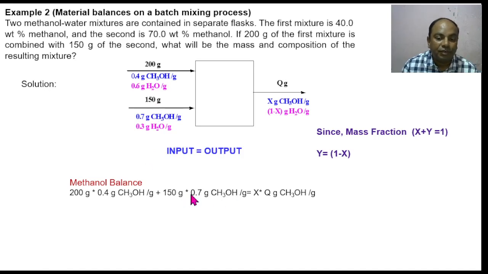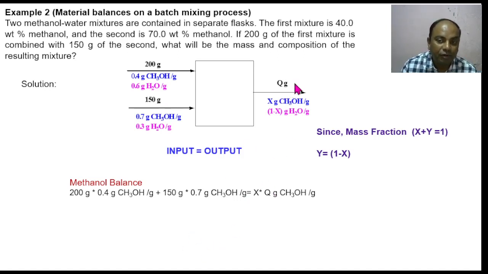So this is our left hand side: 200 gram of mixture multiplied by its mass fraction 0.4 gives the amount of methanol present in the 200 gram, plus 150 gram of mixture multiplied by 0.7, the mass fraction of methanol in the 150 gram mixture. It comes out equal to the mass of methanol present in 150 gram of mixture. This is equated to the right hand side.